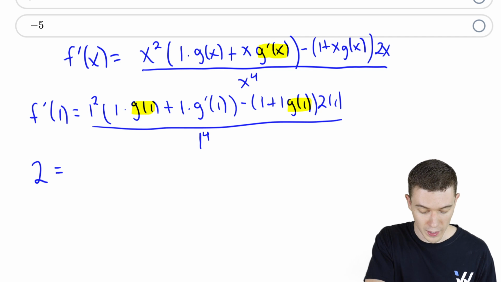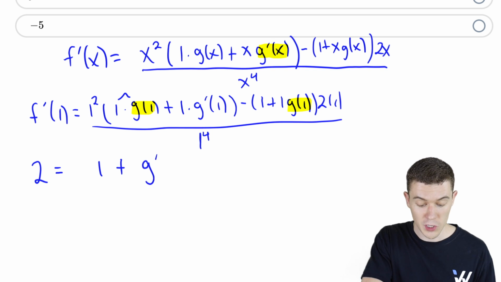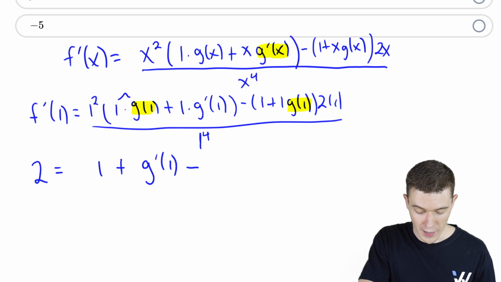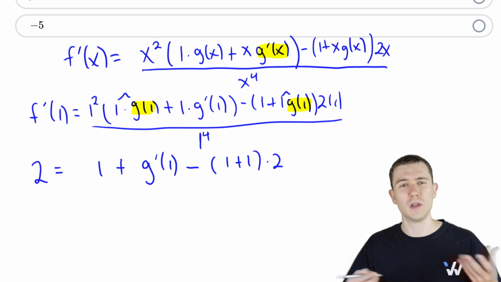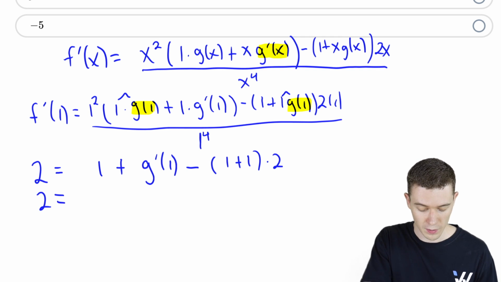Here we'd actually have a 1 times a 1, which is 1, plus 1 times g prime of 1. G prime of 1 is actually what we're solving for. This is minus 1 plus, well, here we have 1 times 1 again is 1, and then 1 times 2 is 2, over 1 to the 4th. 1 to the 4th is 1. I won't write that.